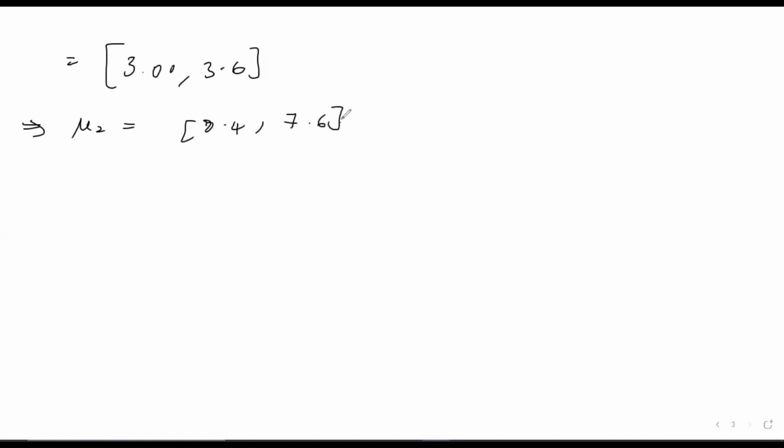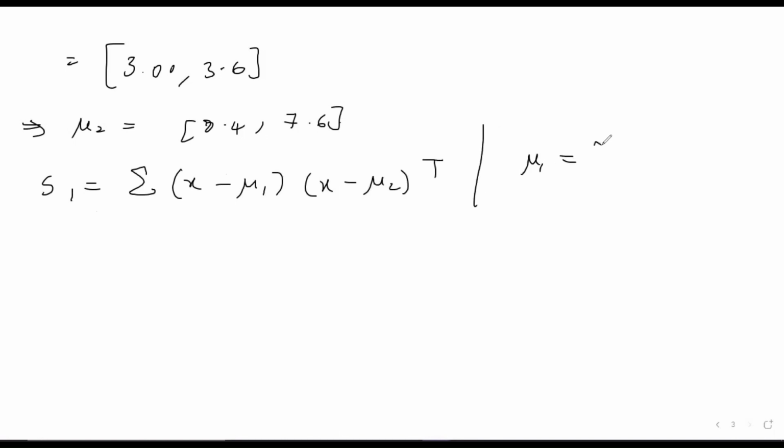Now, the S1 formula, if you remember, is the sum of x minus mu1 times x minus mu1 whole transpose, and the value of mu1 we got as 3 and 3.6.